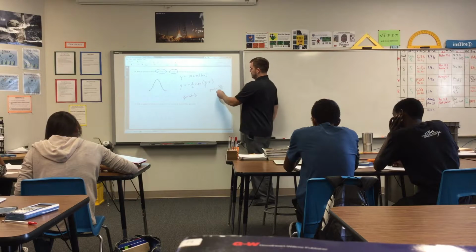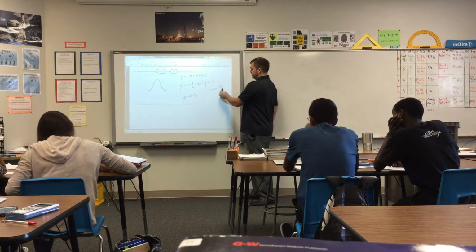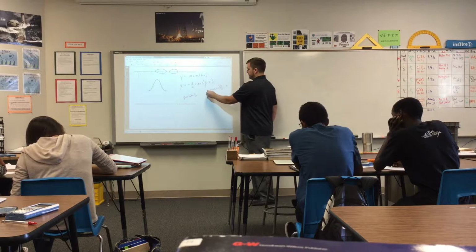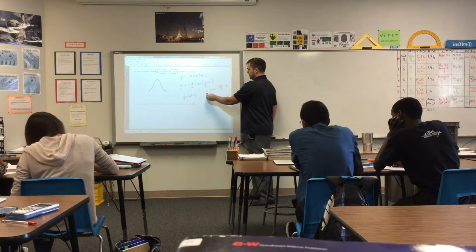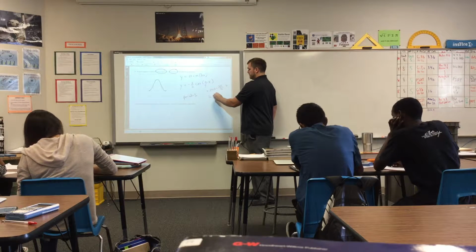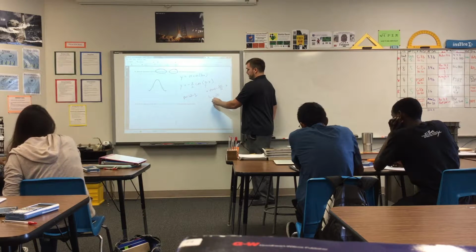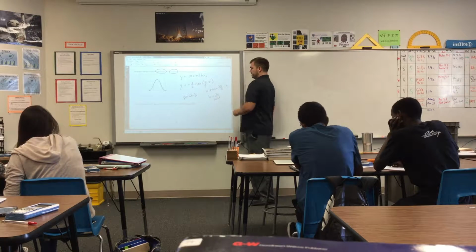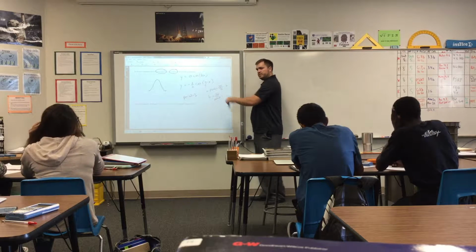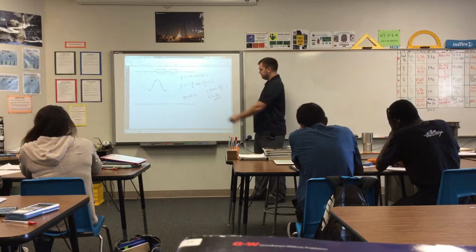So in this case, we don't know what b is, but we need to know the period. So you could multiply both sides by b and at the same time divide both sides by the period, and so b is going to be 2 pi divided by the period. Y'all are probably doing all sorts of stuff in your head, but this is how I would demonstrate it, how I would teach it.